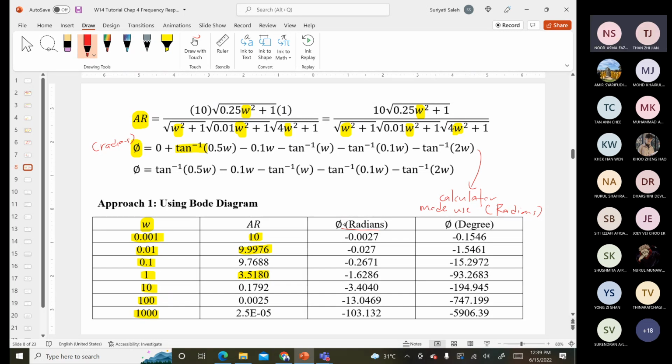Once you calculate the radian value, you need to convert it into degree. Normally you multiply with 180 over pi. Whatever radian value you have, you multiply with 180 over pi.